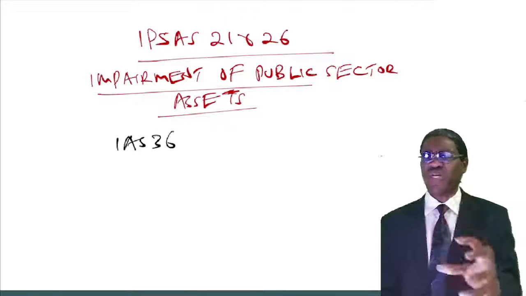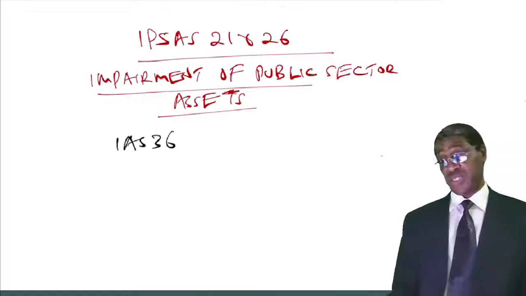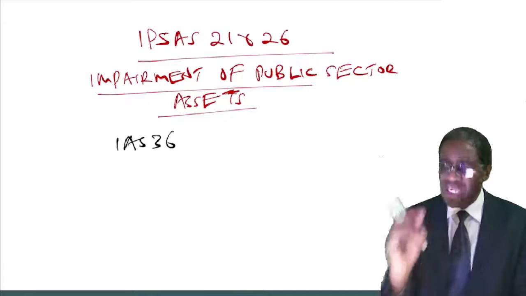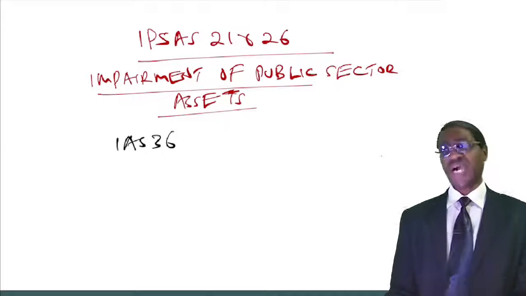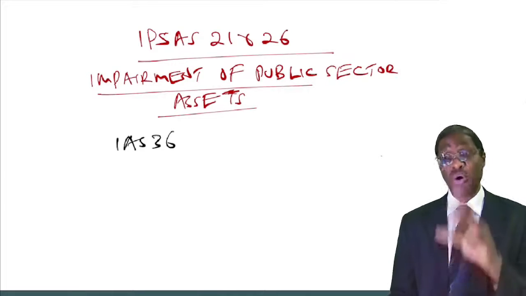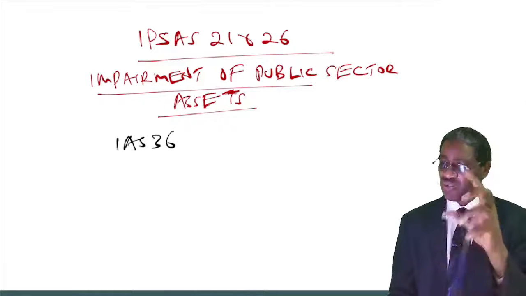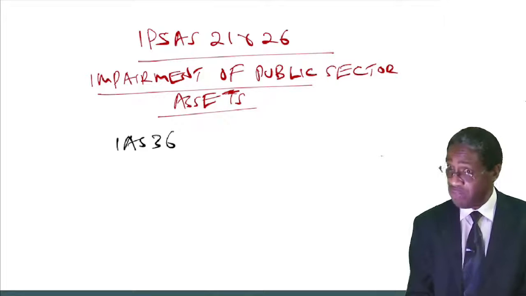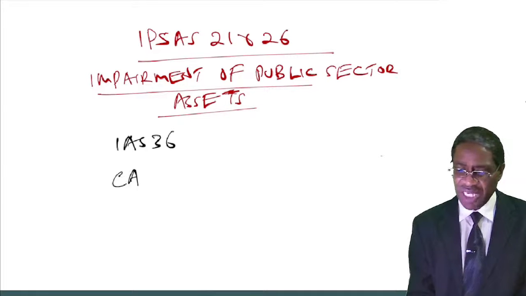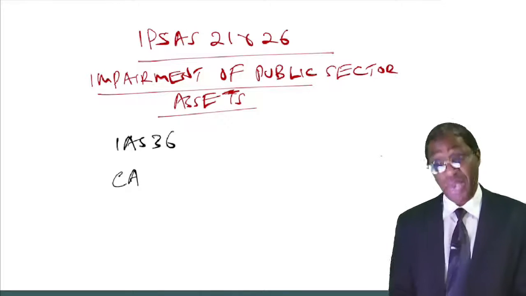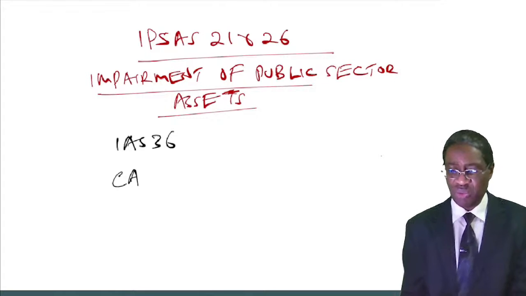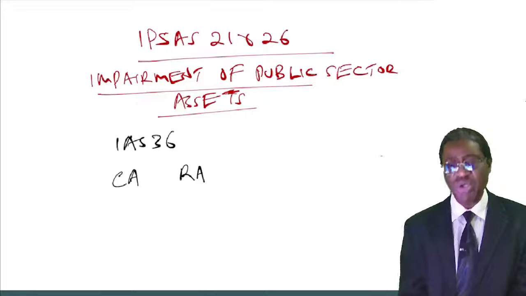Now, when we were discussing impairment of assets under IAS 36, we said for a business to know whether their assets have suffered an impairment loss or not, you remember we said the company should compare the carrying amount of its assets with what we were calling the recoverable amount.